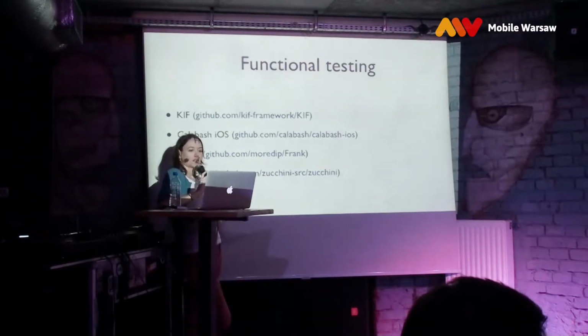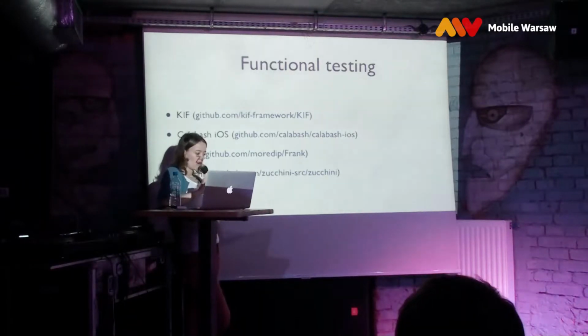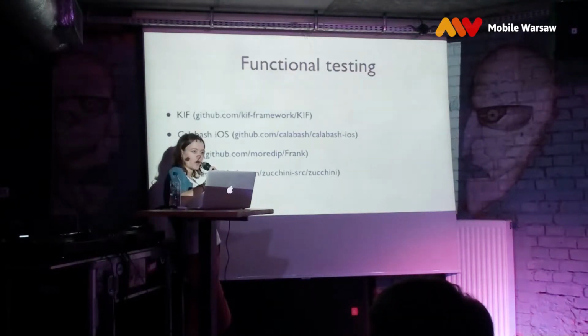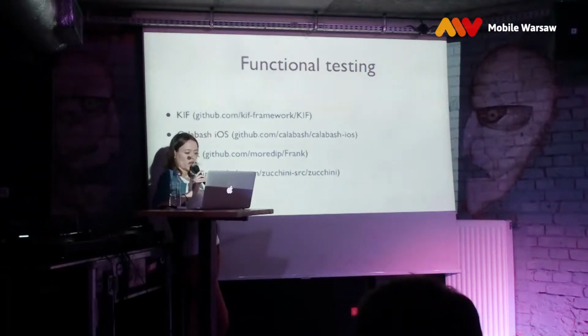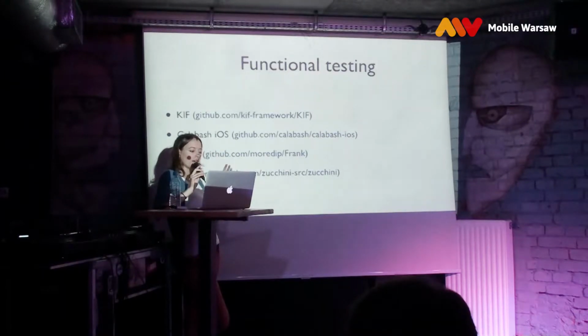Then there is Calabash iOS and there is Frank. These two are iOS testing frameworks that allow you to use Cucumber, and they're written in Ruby. And there is Zucchini, which uses screenshots to verify that your app is behaving as it's supposed to. So basically comparing two screenshots.